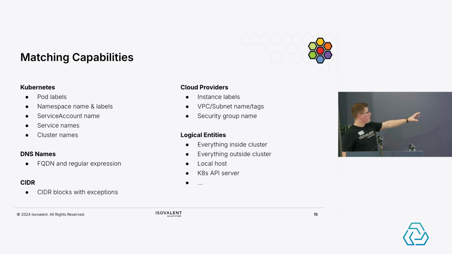For example, we can match on Kubernetes-specific information. We can match on DNS names, so FQDN, or also even regex-based patterns. So for example, if you want to match for star.yourcompanydomain.com, that's also possible. You can do CIDR-based matching, for example, for a specific IP range, IPv4 and IPv6, both are supported.